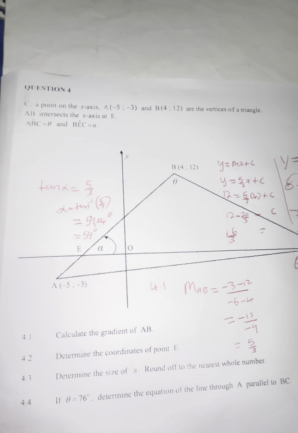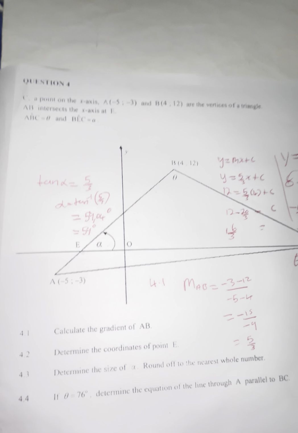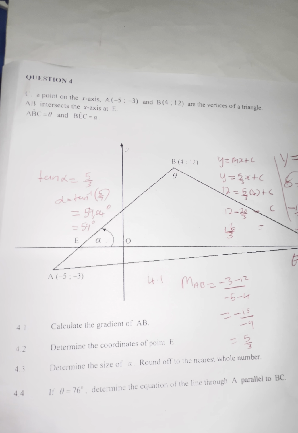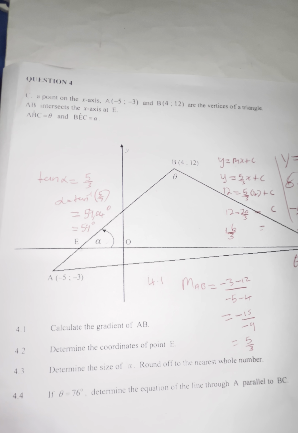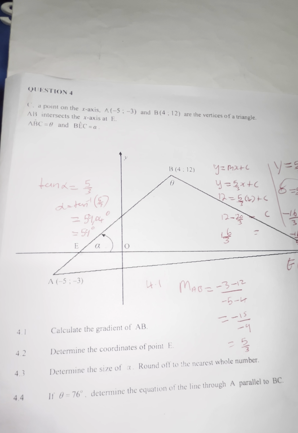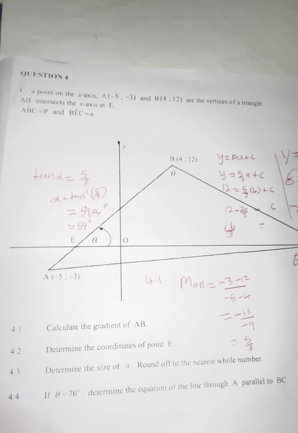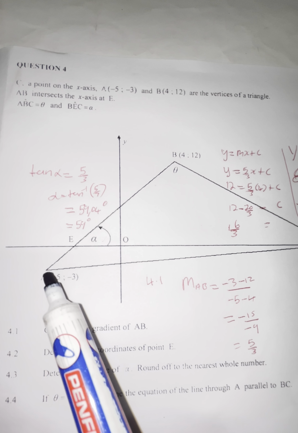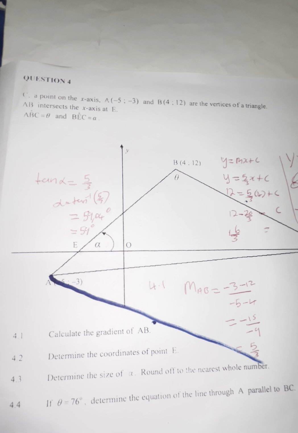And then let's move to 4.4. If theta is equal to 76, determine the equation of the line through A parallel to BC. Line through A parallel to BC, we are talking about a line passing through this point, such that this line will be parallel to BC, okay?